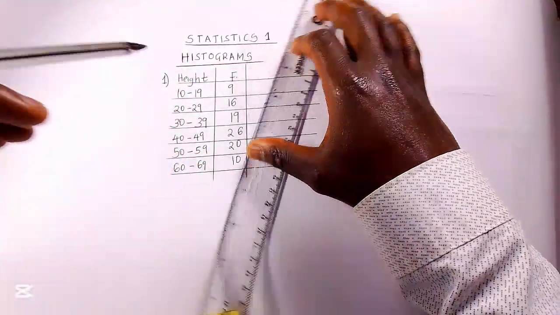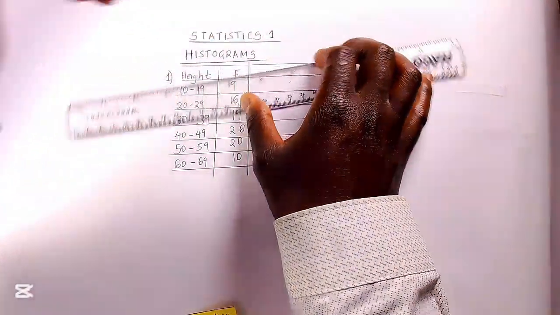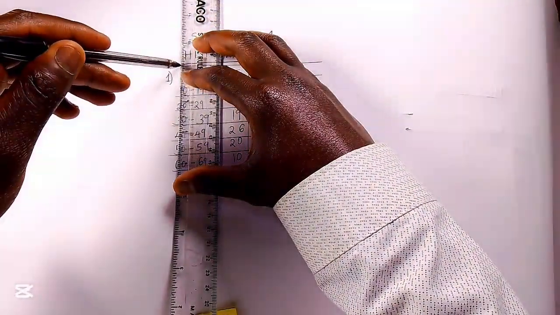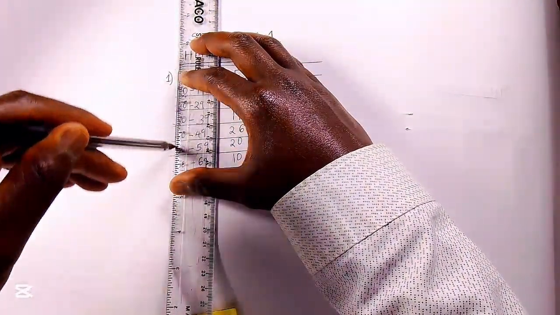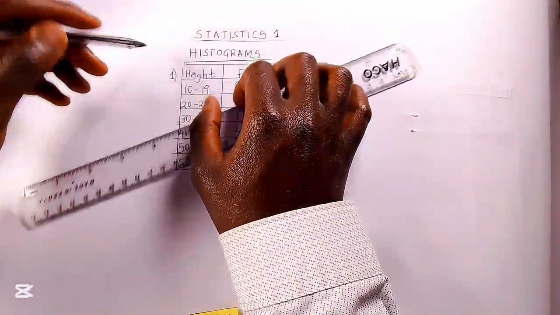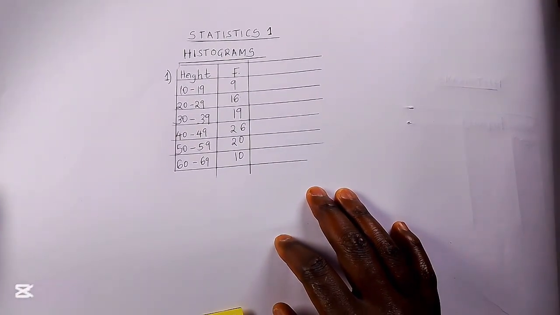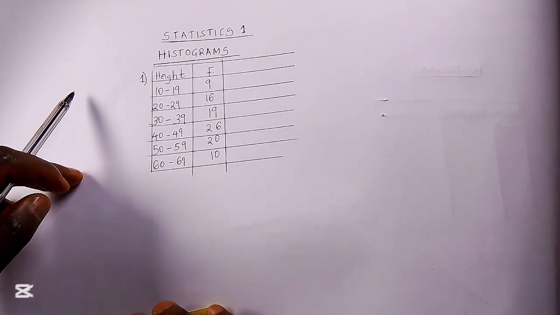So we have our table there. For us to draw a histogram, we now need to get to the next column.